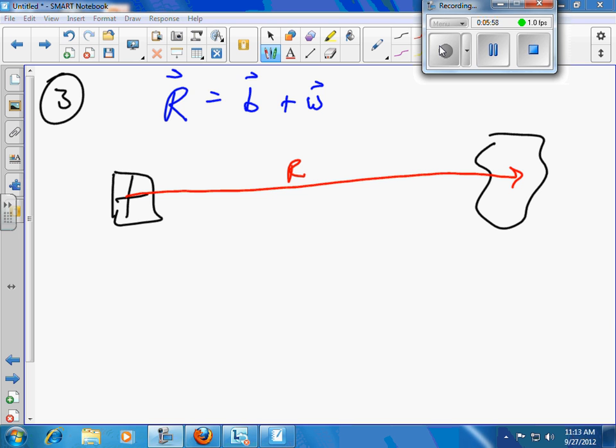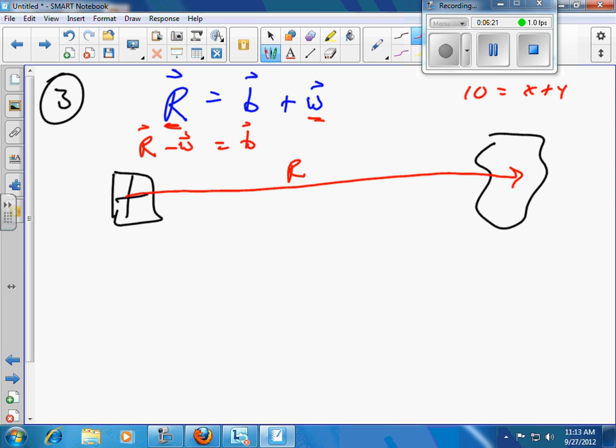Do we know the resultant? Yes. Do we know the wind? How do I get the ball? Now, if I just had something like 10 equals x plus 4, I take the 4 to the other side and I do subtract. So would you agree with me that the ball is equal to resultant minus wind?